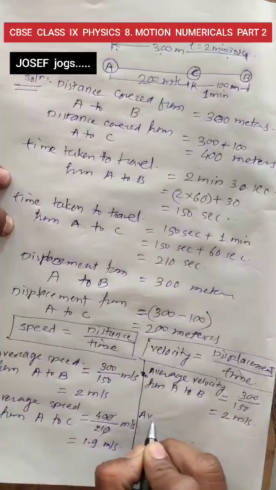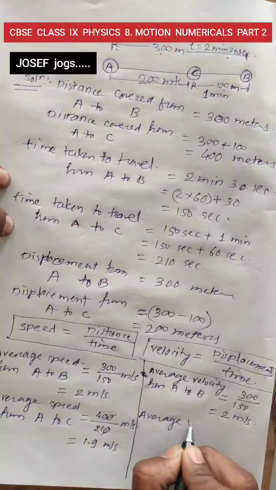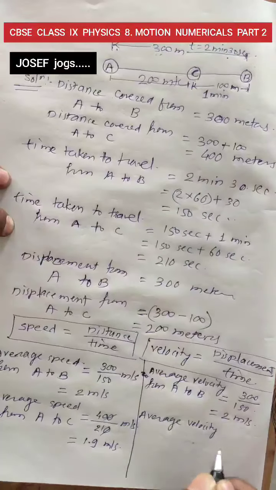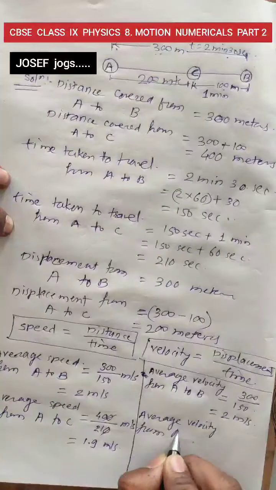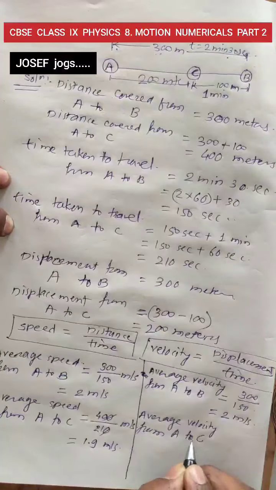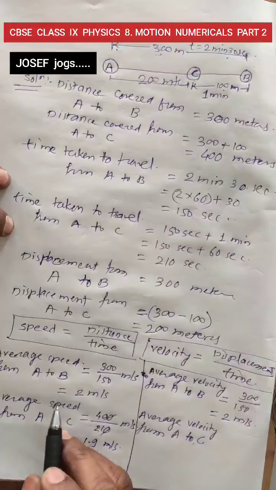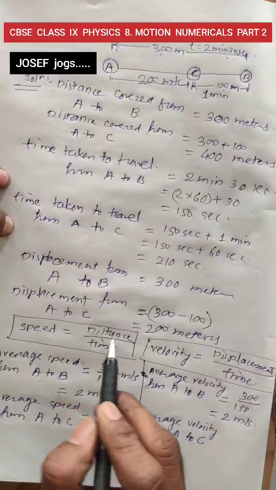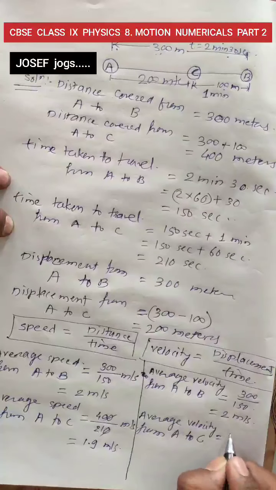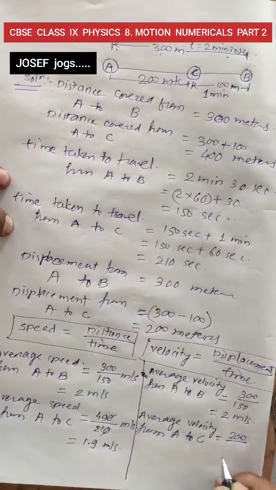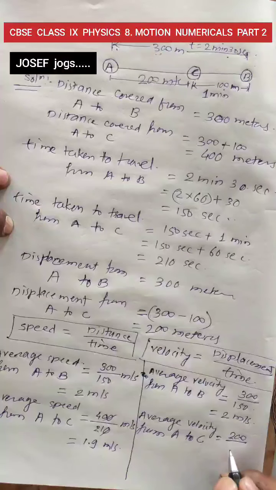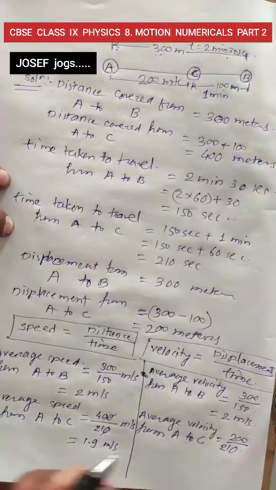Now the twisted part, the average velocity from A to C. Now how much is the displacement? Here 200 meters, and the time taken to complete this activity is again 210. Just concentrate here.